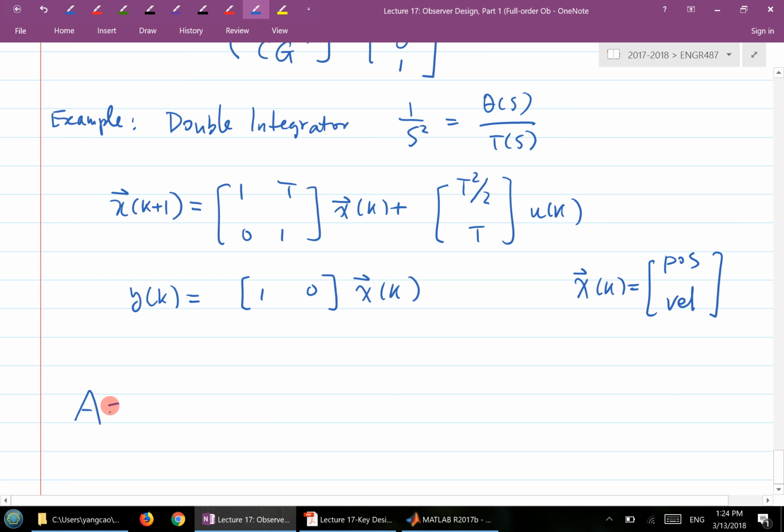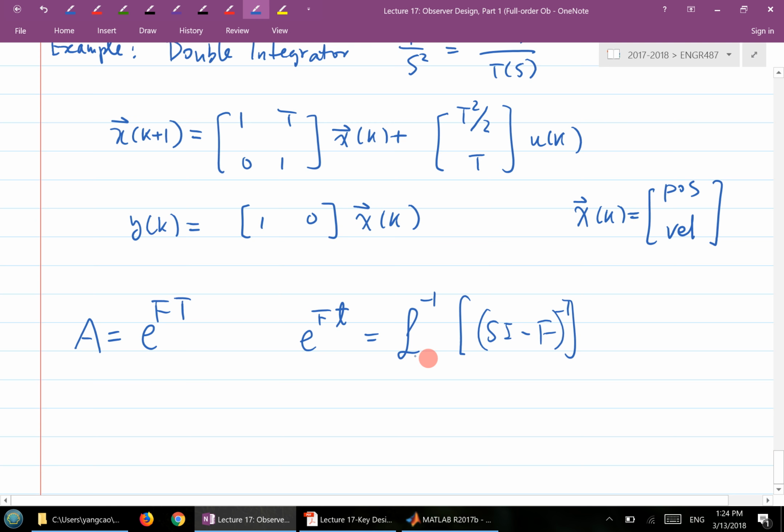When you do the discretization, you have this formula: the matrix A equals e to the power FT, where F is the continuous system state matrix. But when you calculate, you calculate this e to the power Ft first, equal to the inverse Laplace of (sI minus F) inverse. Now a lot of you made mistakes here.